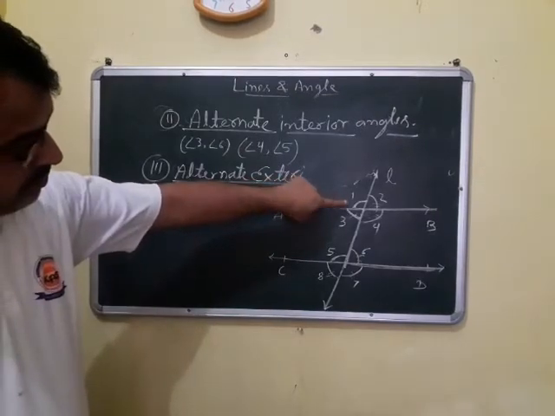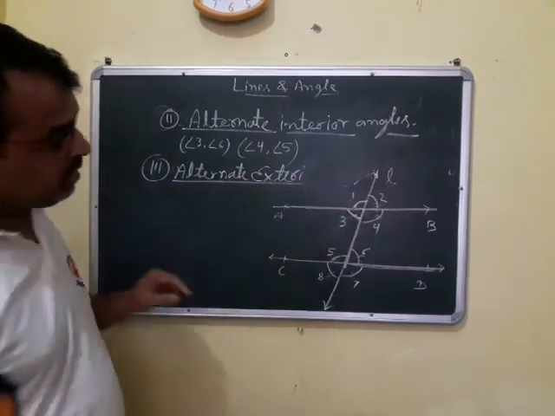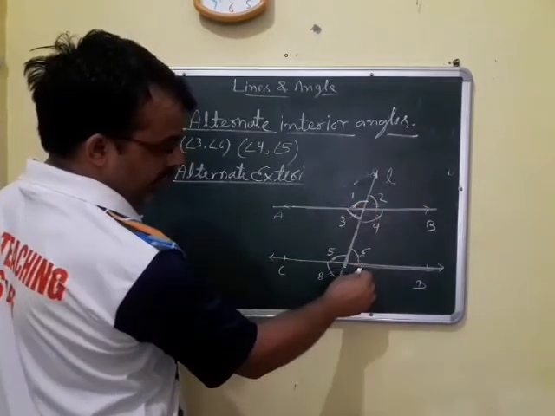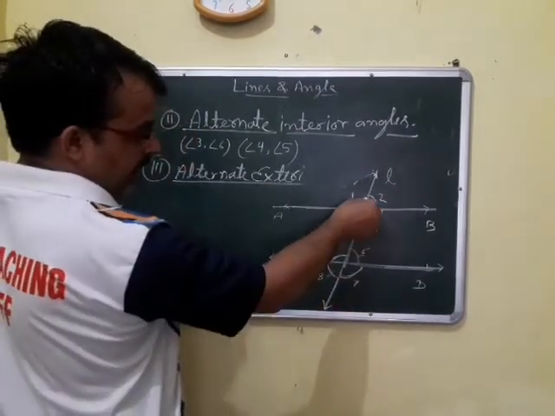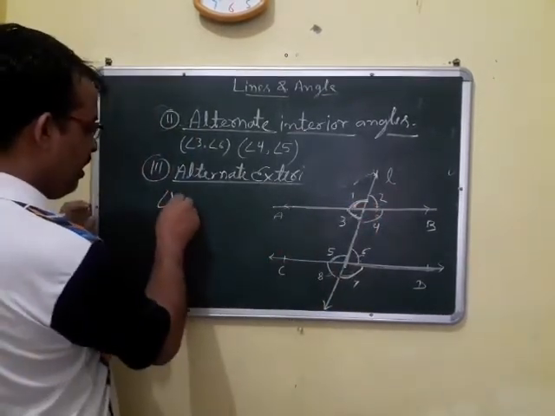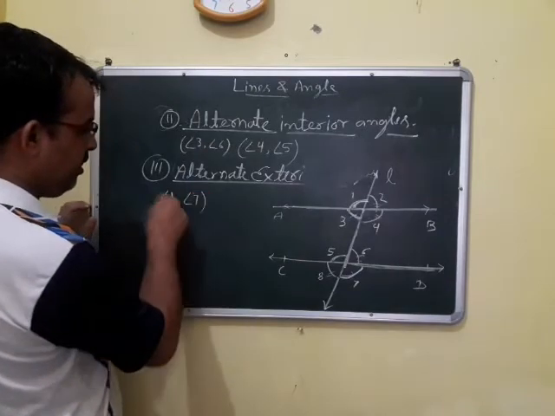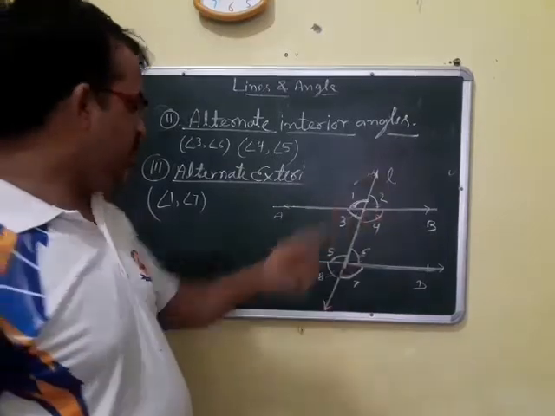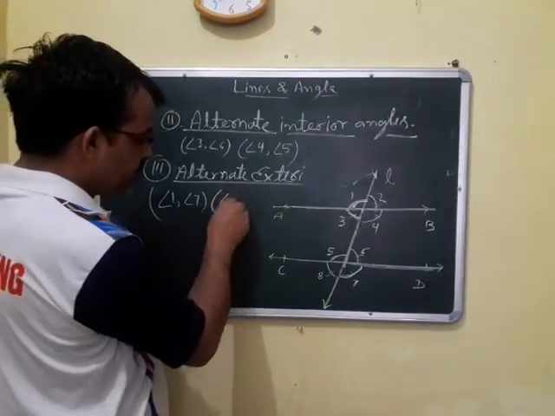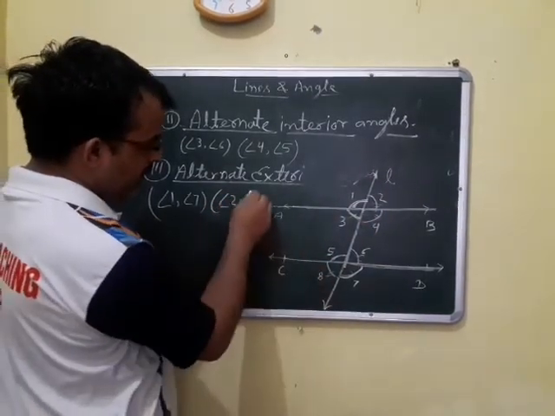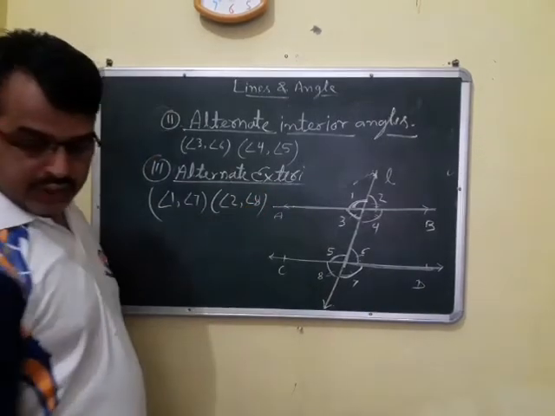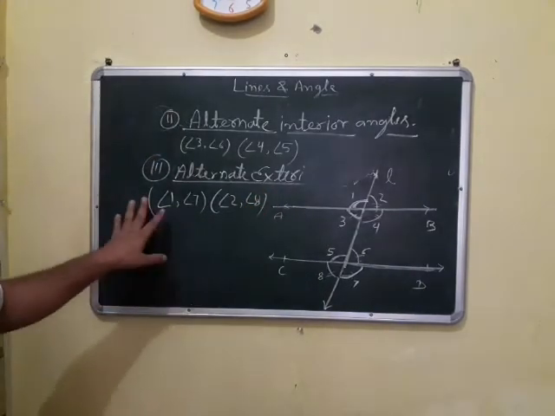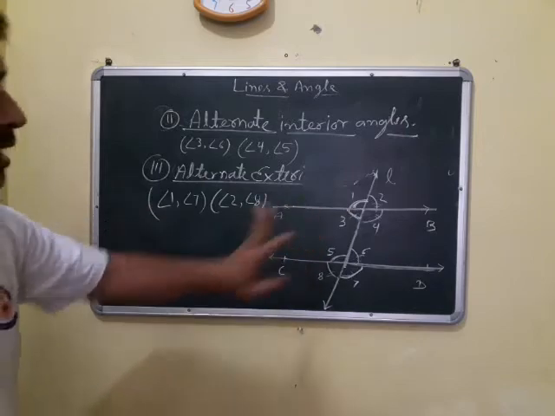Angle 1 and angle 7. Angle 1, angle 7, this one is alternate exterior angle. And angle 2 and angle 8. Angle 2 and angle 8 are alternate exterior angles.